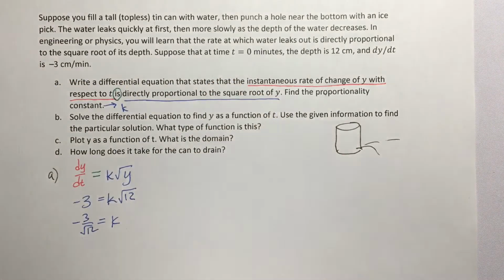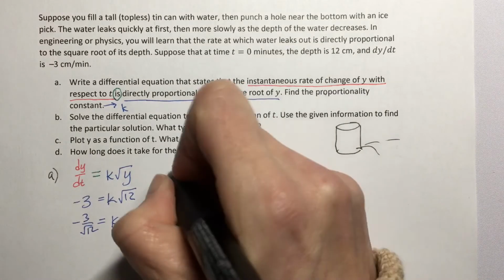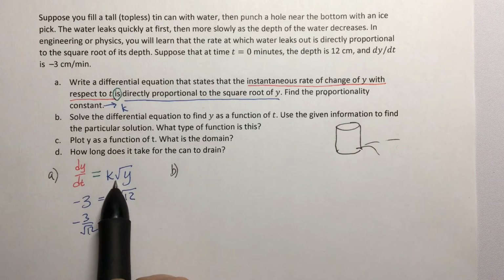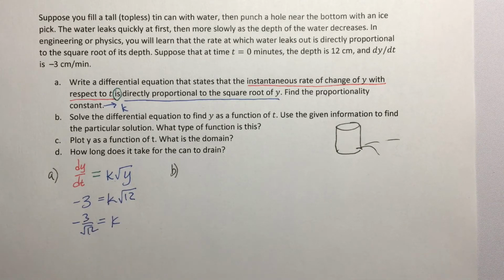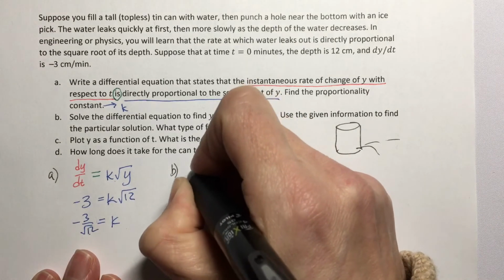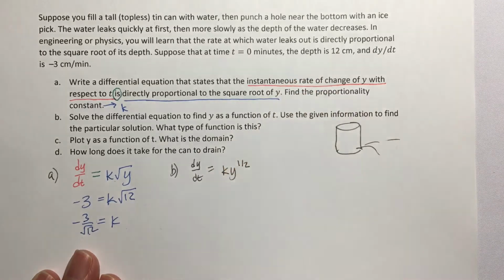So solving our differential equation, we will, of course, separate our variables. I know I could plug the -3 over root 12 in, but it's faster to write the letter k. So I'm going to just leave it as dy/dt equals k times y to the 1/2, because I can't integrate roots, but I can integrate exponents.